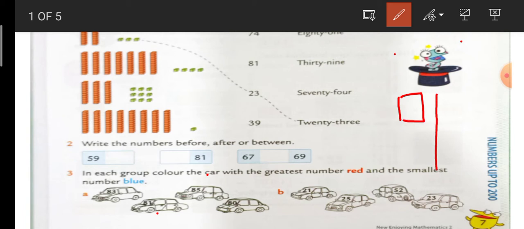When you see a rectangle, this represents a tens, and when you see a big square, this is 100. So you need to remember these three things, children, because with the help of these only you will be able to understand building numbers further.